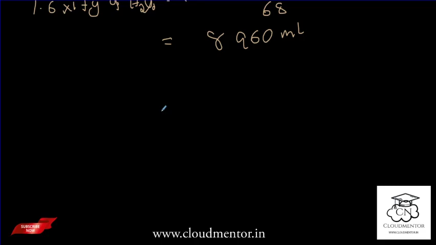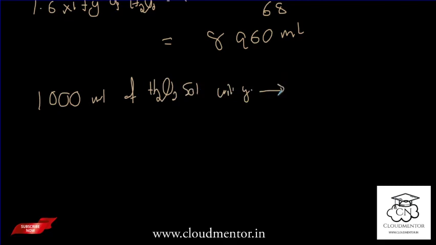So 1000 milliliter of H2O2 solution will give 8,960 milliliter of O2.